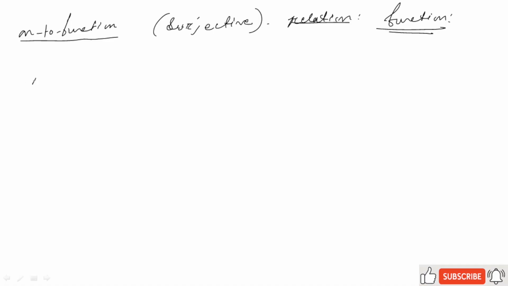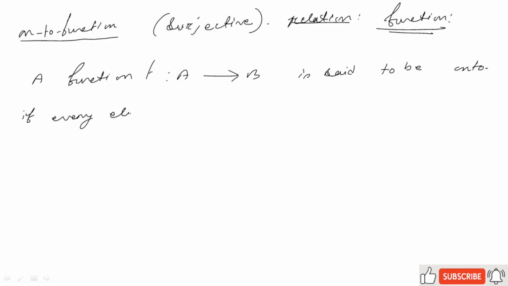So this is what: a function f: A to B is said to be onto if every element of B is the image of some element of A.